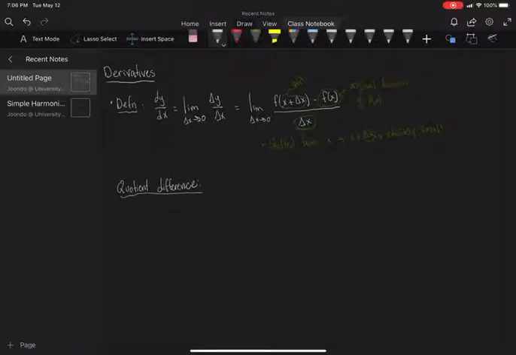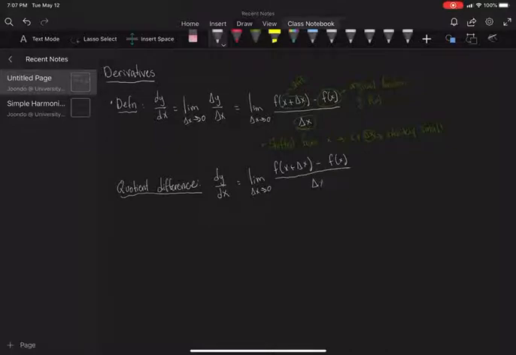The quotient difference says that the derivative is equal to the limit as delta x tends to 0 of f of x plus delta x minus f of x, over delta x.